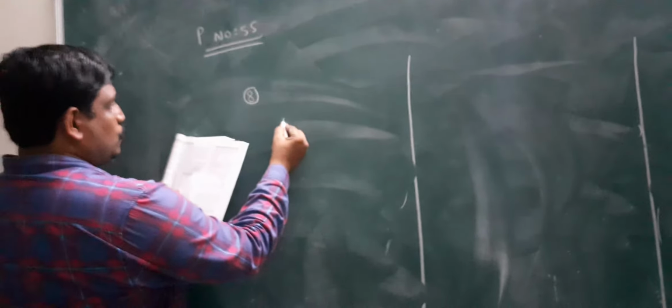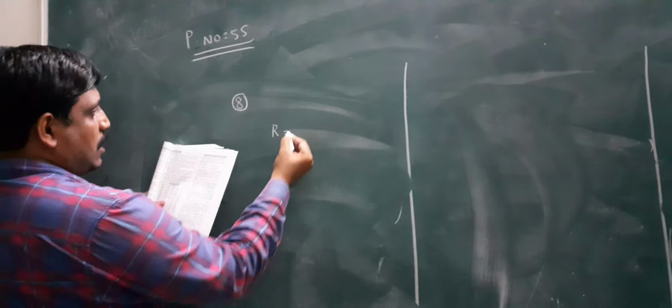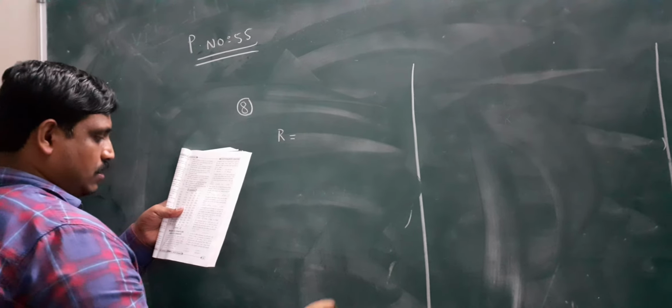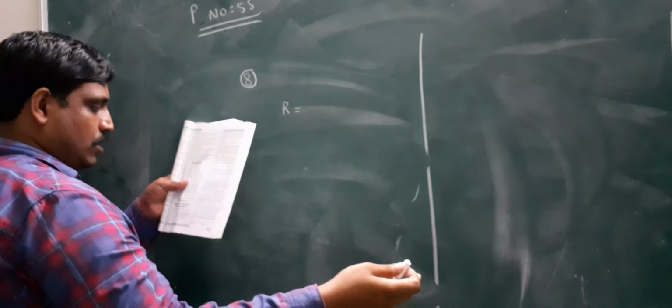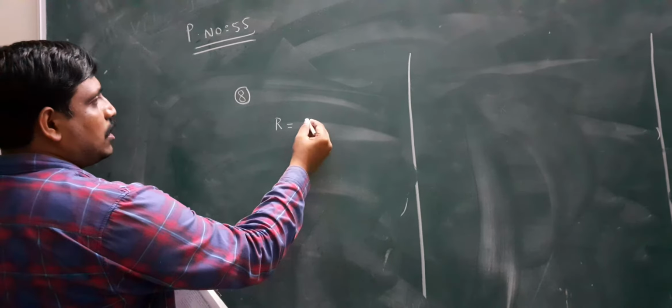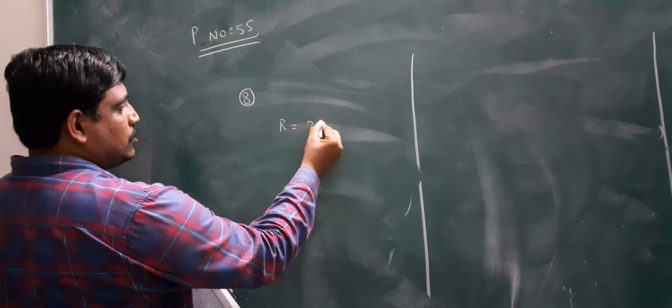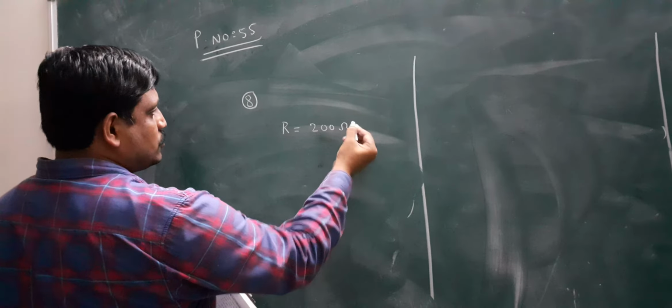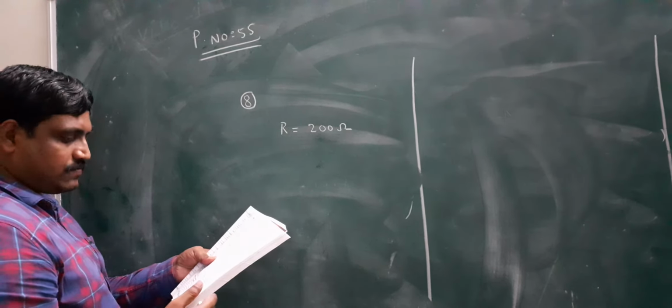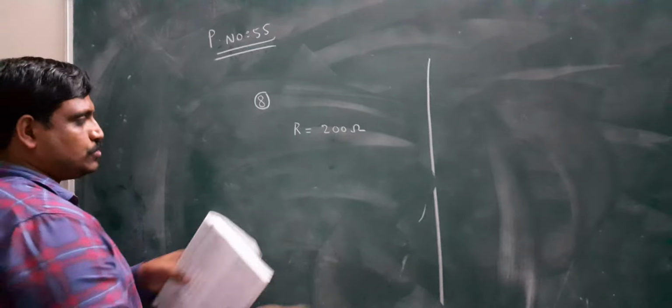Now, total resistance. Coil resistance is 40 ohms and it is connected to the ammeter. The ammeter is also in series combination. That's why total resistance is 160 plus 40, 200 ohms.